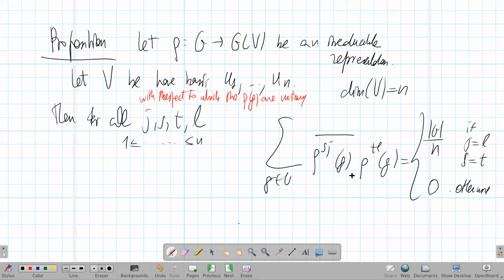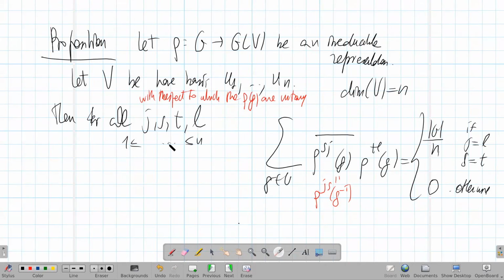Then we play this trick, and so here we might have written, and it would be correct, rho JS, and this is what we will obtain, in fact, but we write instead rho SJ of G conjugate, okay? And in this case, when you have a single irreducible representation, there's only one space of dimension, say, n.